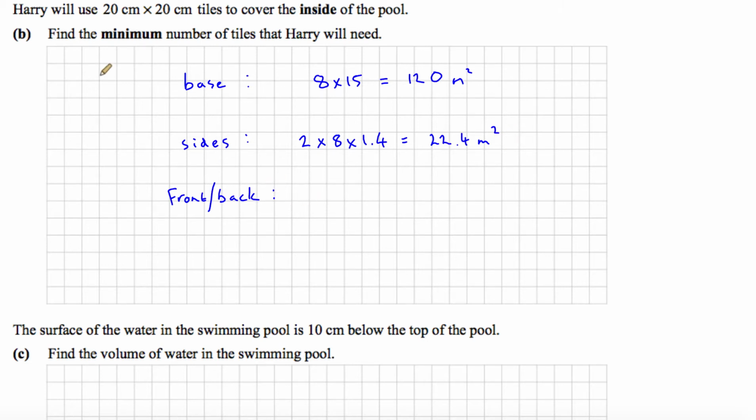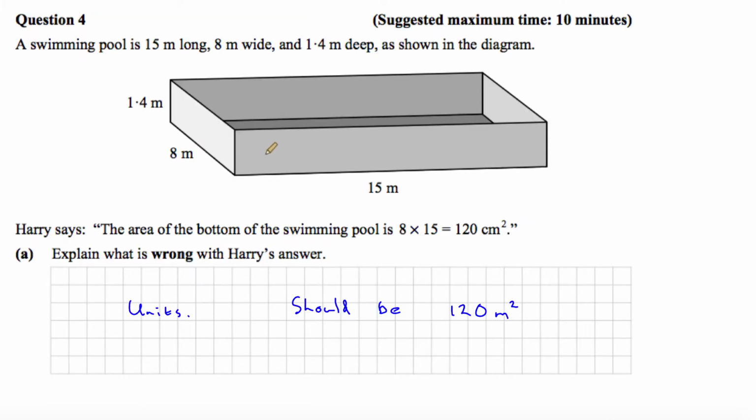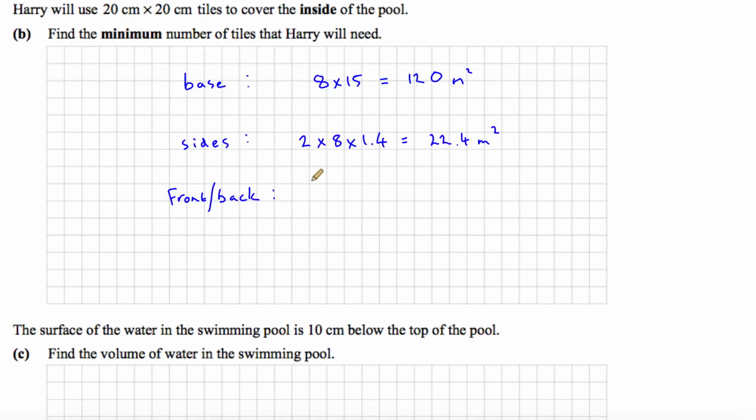And then the front and the back, well, the front is 15 wide and 1.4 high. So because there's a front and a back, there's 2 by 15 by 1.4. And on the calculator then that gives us 42 meters squared.